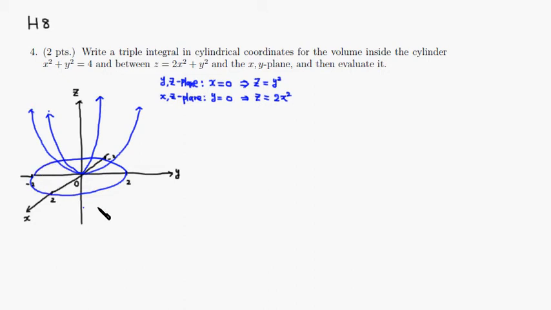It has to be above that, so you can see that it's going to go up here, and probably a little bit higher here. And it's going to go up there, and higher there. So I think it's going to look kind of like this.